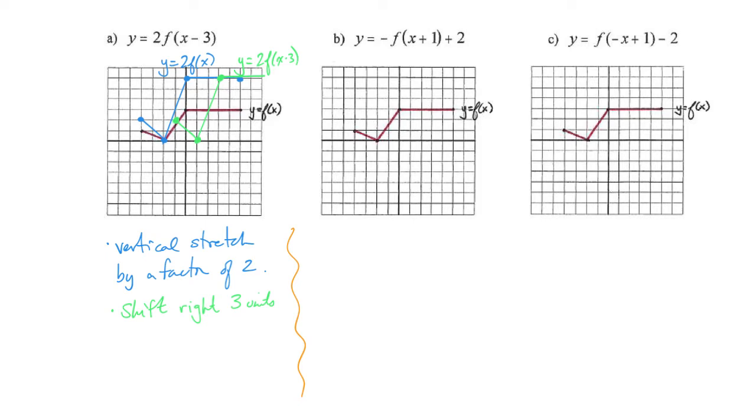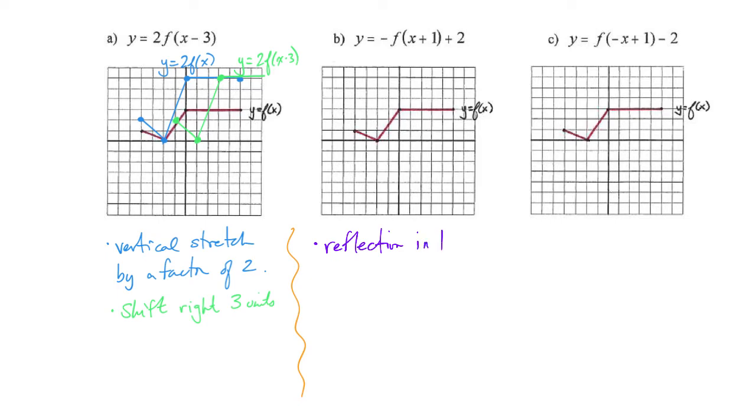Okay, we're back. So we're going to end up dealing with everything together, but we should have recognized that we had the negative out in front of the f attached by multiply. So we know that that's a reflection. It's outside, so that means vertical. So if I reflect something vertically, it has to go across the x-axis.